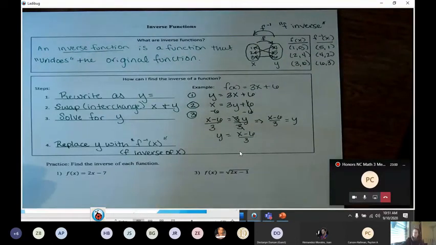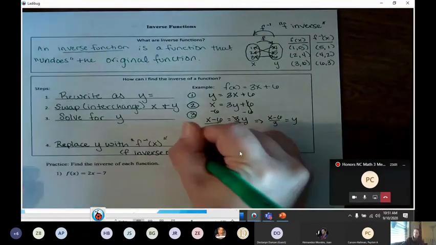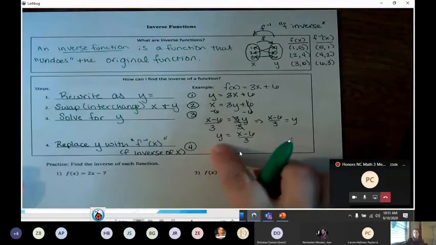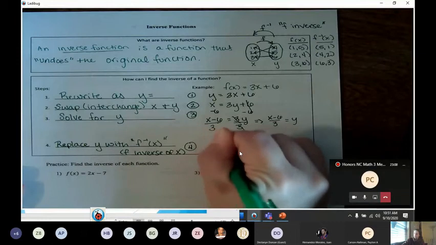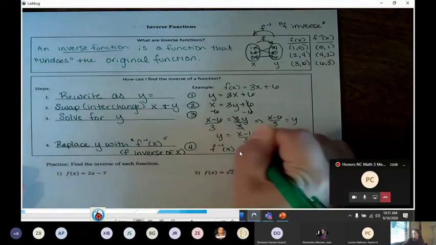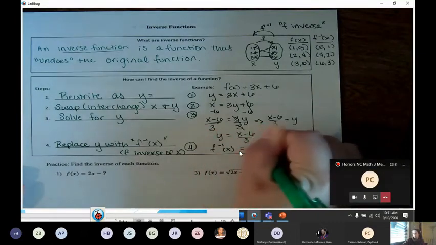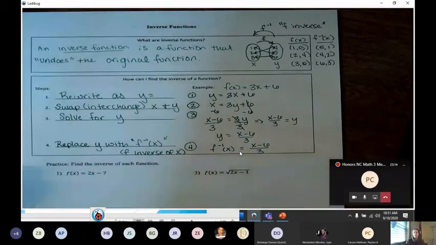Okay, so step 4, all I'm going to do is take this y that I wrote, and I'm going to write f inverse of x instead. And we're done. Okay, so that's all we've got to do to find the inverse of a function.